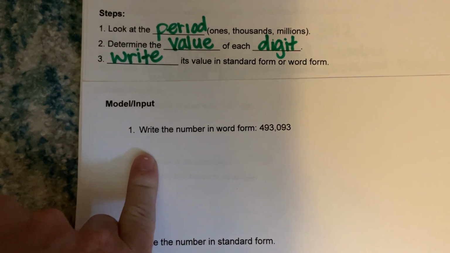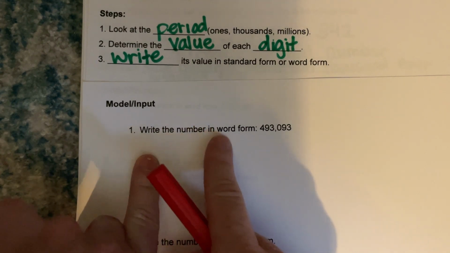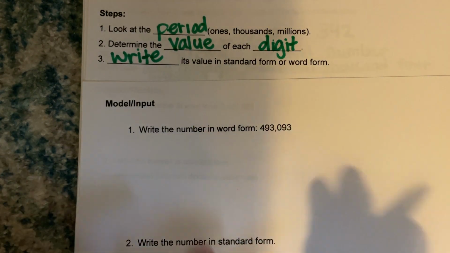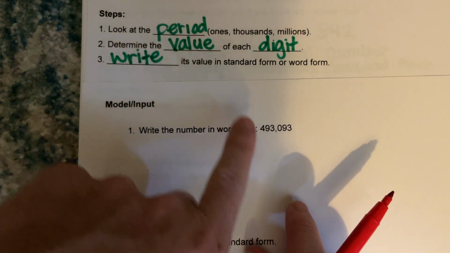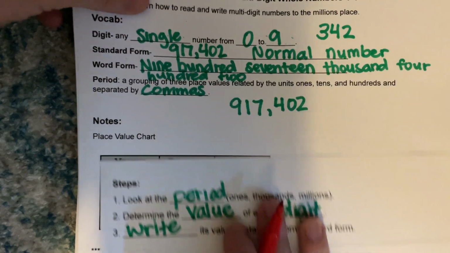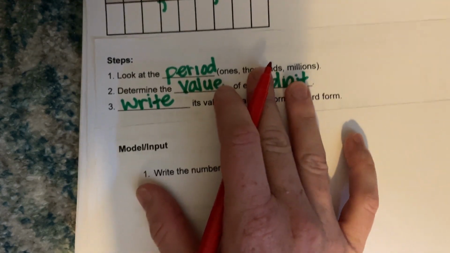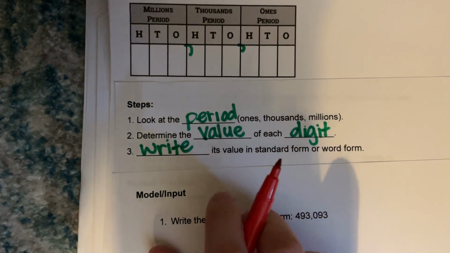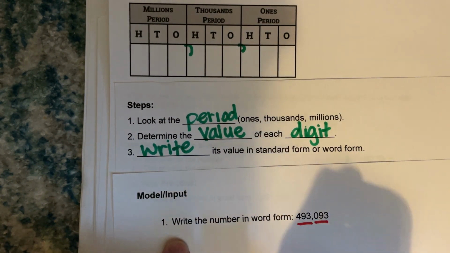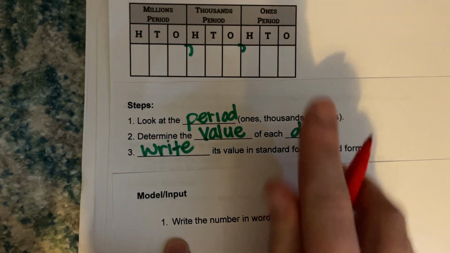And I'm going to read the problem. It says write the number in word form. Okay, so I'm going to look at the period. If I need to refer back to that place value chart, which I'm going to have there too so we can see both, I see that there's 1 period, 2 periods, and I'm just going to label above it based off of this.